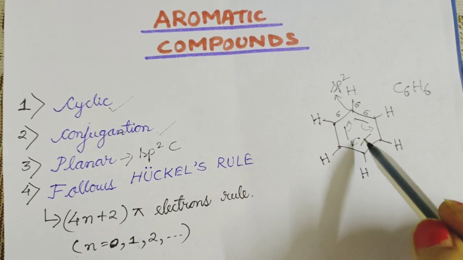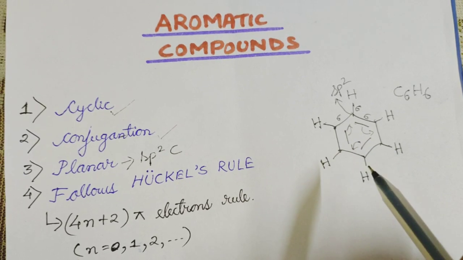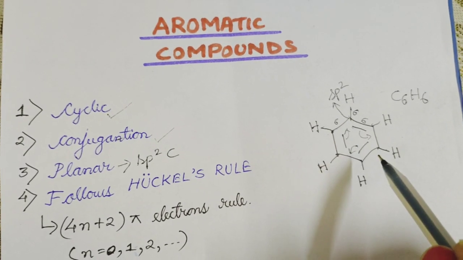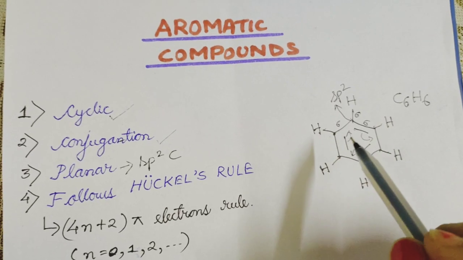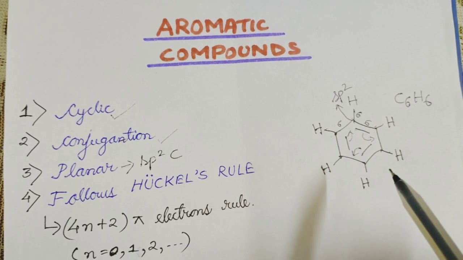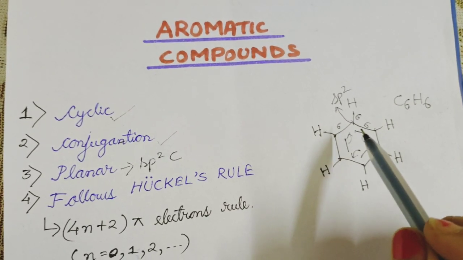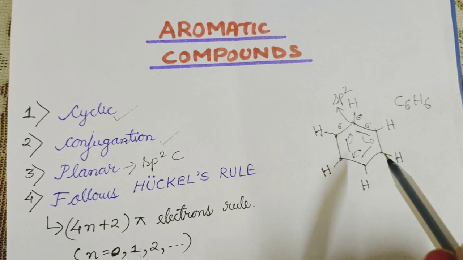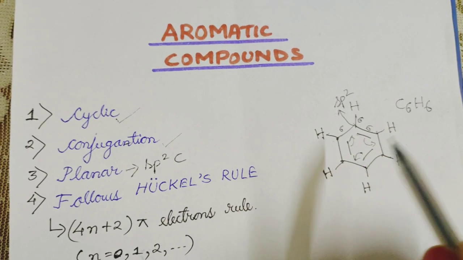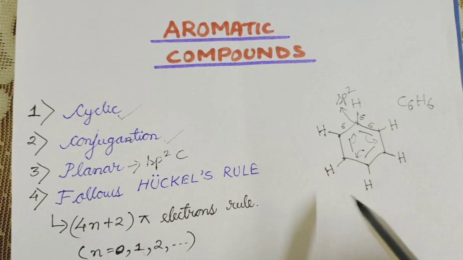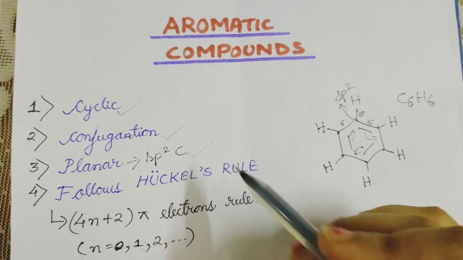And as I said, how to check whether the molecule is planar or not? By seeing the carbons. If every carbon of the ring is sp2 hybridized, then the whole molecule is planar. So yes, all the carbon atoms in the benzene ring are sp2 hybridized. So this is a planar ring. So third criteria is also met.